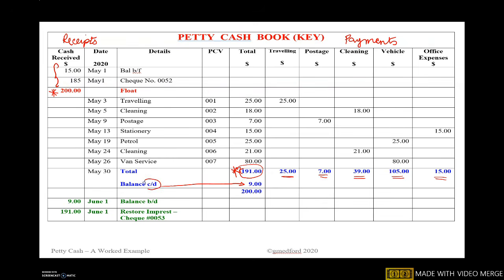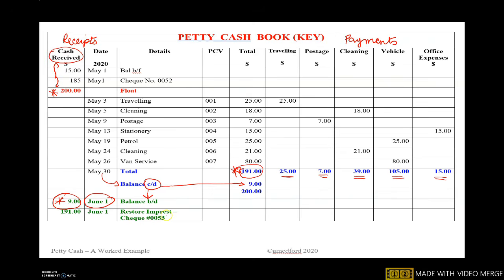The balance carried down for the period May 30th would be the balance brought down for the new period, which is June 1st. Note where the figure is placed. It is placed in the cash received column because it's a receipt. So it's on the debit side of the petty cash book.